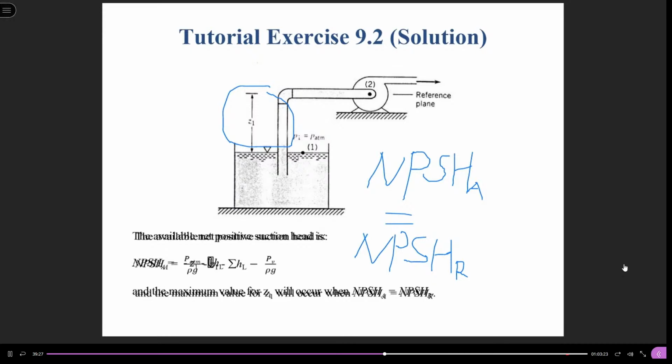To avoid cavitation, the available net positive suction head needs to equal the required net positive suction head for this question.